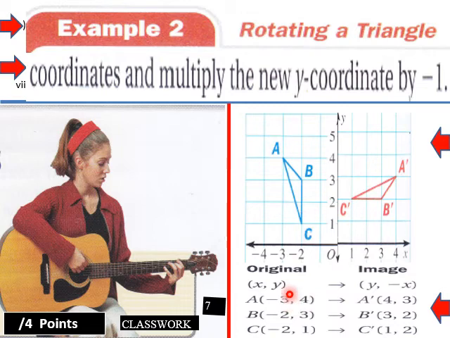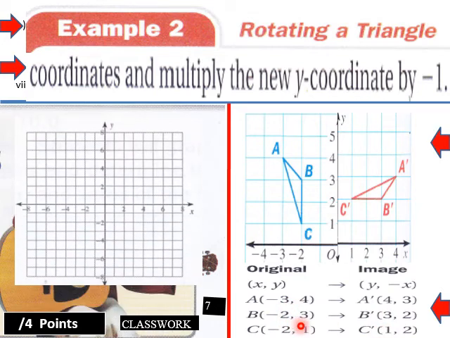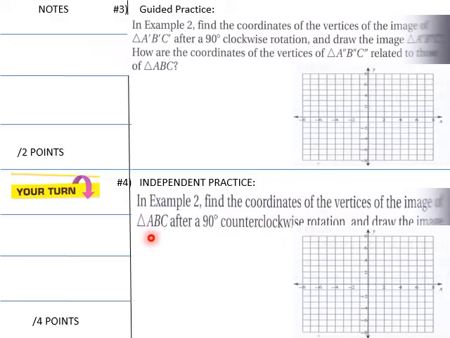So here was the original A, (-3, 4), and then the new A prime would be (4, 3). So we flip this, and then we multiply our new y by -1. And then so on down here. This would be the rotation coordinates for the image from the original. And then you can draw that on your own. On your classwork sheet, you will have that chance to draw these on your own.